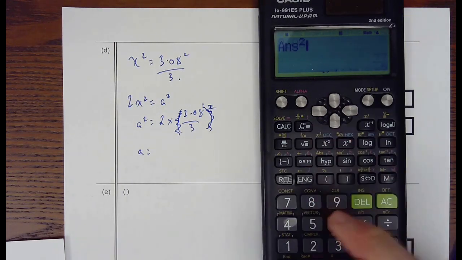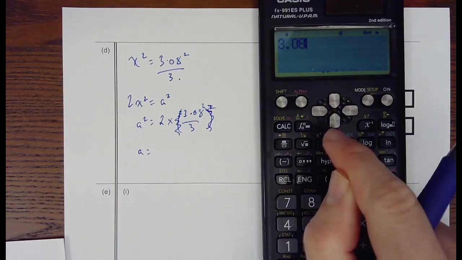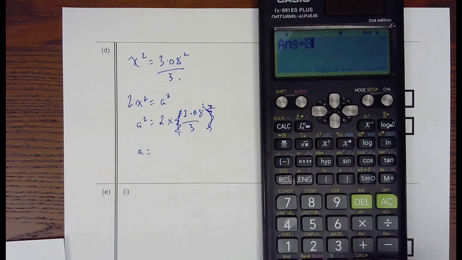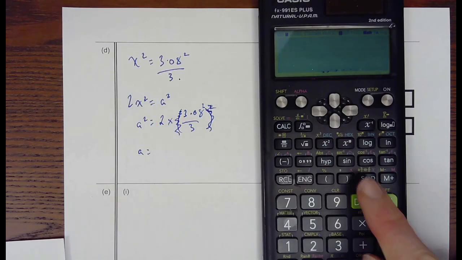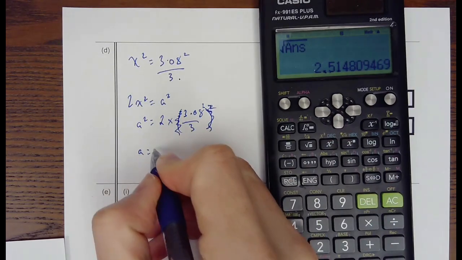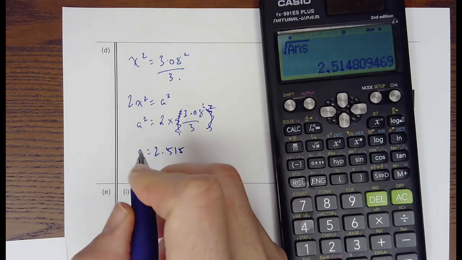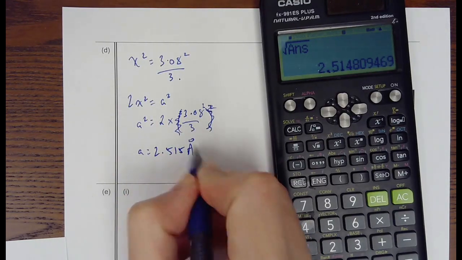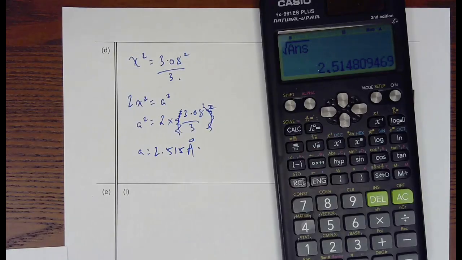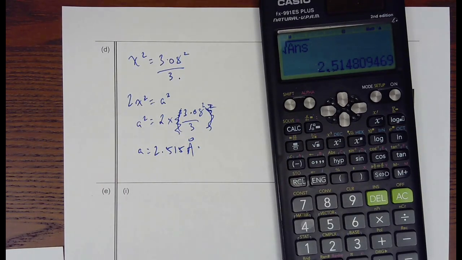Anyway, I'm sure you can follow. 3.08 squared divided by 3 times by 2. Take the root. Gives me 2.515. And all these numbers are in angstroms, so my answer comes out in angstroms. No problem. Sorry about that, it got a little bit messy there, but it should be reasonably easy to follow.